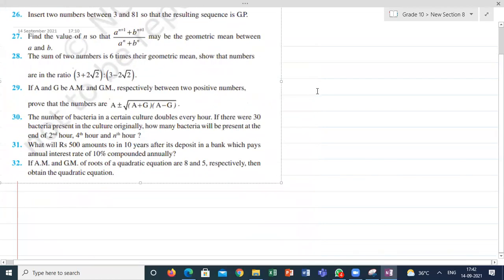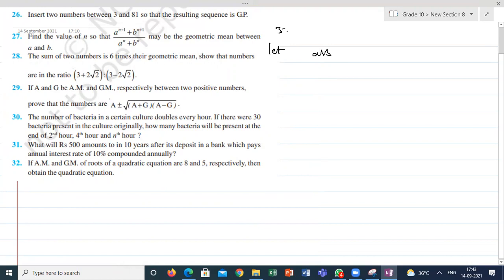The AM and GM of the roots of a quadratic equation are 8 and 5. Question number 32.